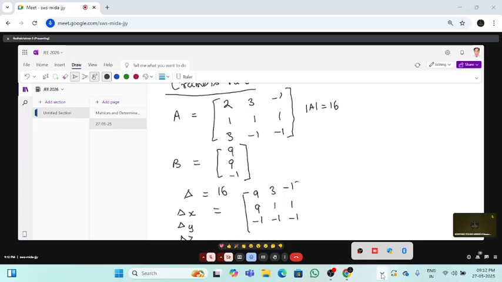So this is the determinant. To solve this determinant, we can use Sarrus' rule. So what is Sarrus' rule? You again write the first column, 9, 9, minus 1, 3, 1, minus 1. And calculate these values.